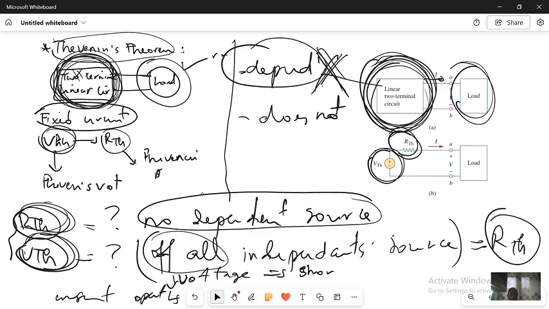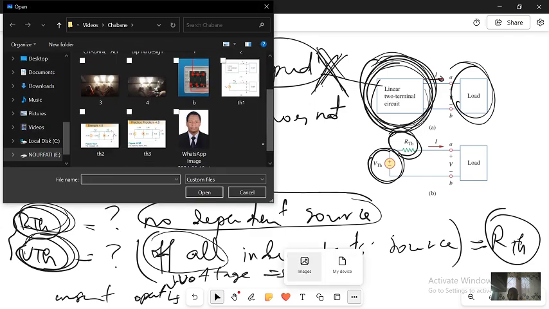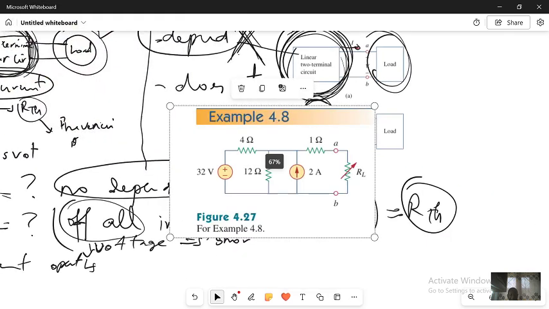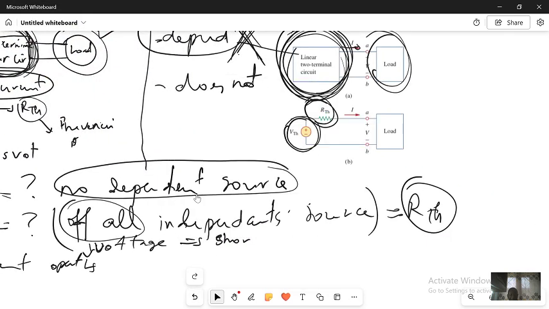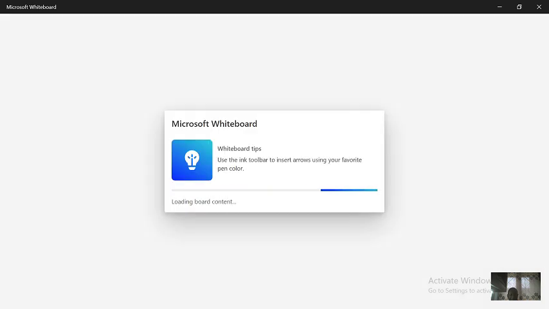So let's see an example to determine VTH and RTH.